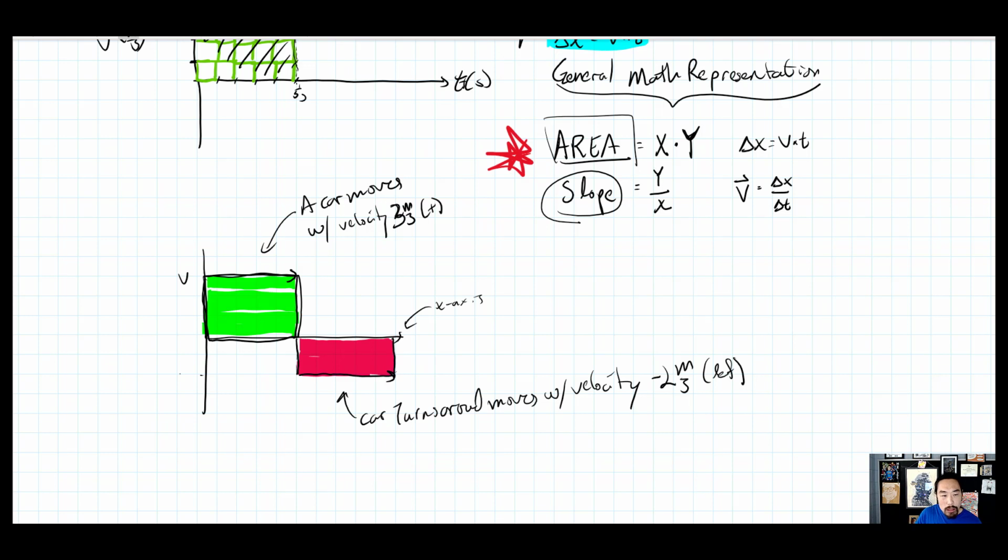An important thing to know: here we have positive displacement, because displacement is velocity times time, and here we have a positive velocity. But here our displacement will be a negative displacement, because displacement is velocity times time, and down below we have a negative velocity. So negative velocity will give us a negative displacement.